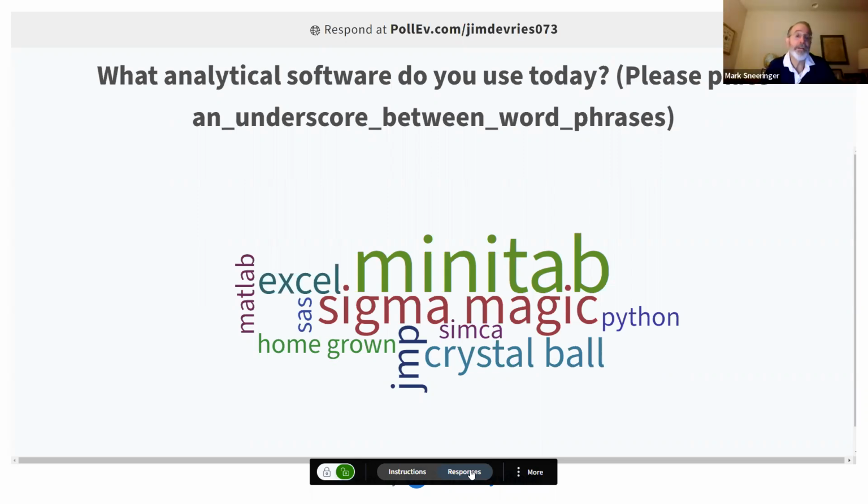I guess I'm not surprised to see Minitab is the biggest one there, because they've been around for quite a while, have gone through many generations, many expansions of what they do. But yeah, this looks about right in terms of Minitab, Excel, Crystal Ball showing up as the bigger ones, along with Sigma Magic.